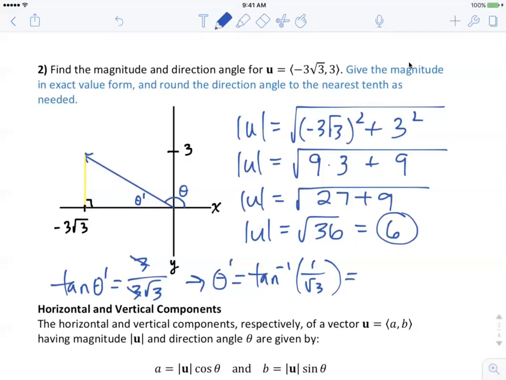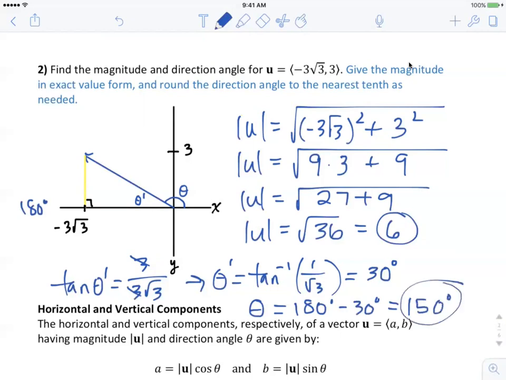And I think that works out to be exactly something, right? That feels unit circle-y. Yeah, that's 30 degrees, but you can do that in your calculator too, right? And then notice, okay, theta is in the second quadrant. So to get theta, since this is 180 right here, I'm going to do 180 minus that reference angle to get my direction angle. So that's 150 degrees for the direction.